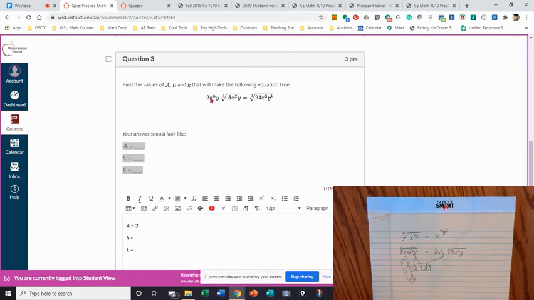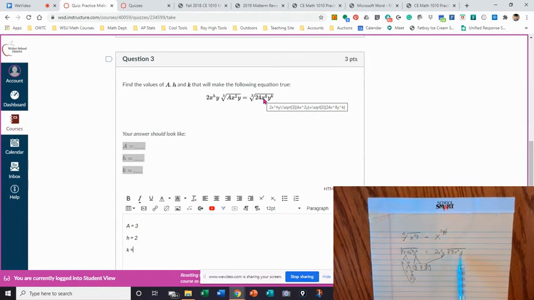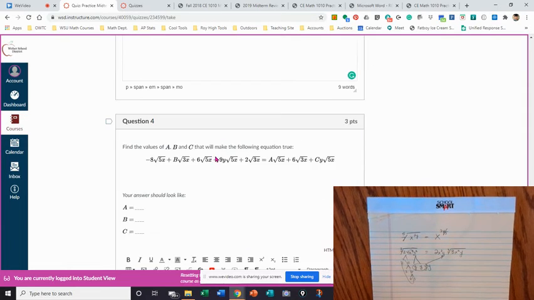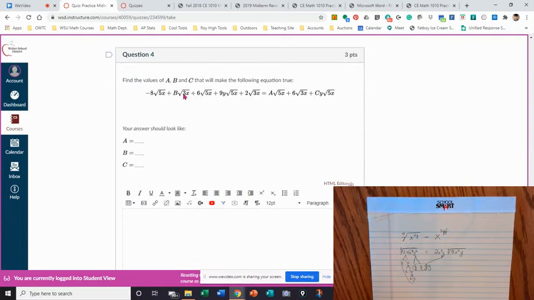The H is the x on the outside, which is 2. And the K down below. Where's the K? The K is this on the inside here, which I decided is going to be 1, 2, 3, 4, because I want 1 pulled out, which takes 3, and 1 pulled in. So K is equal to 4. Cool. That's it. Holy smokes, find the values of A, B, and C. We'll make this true.